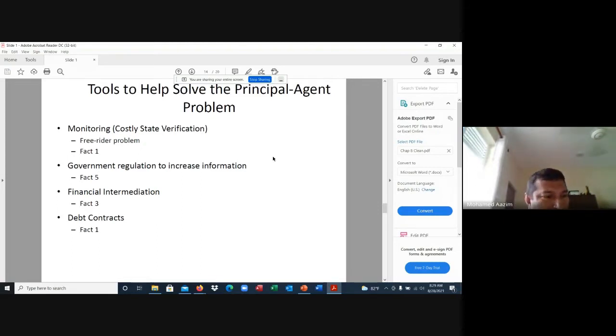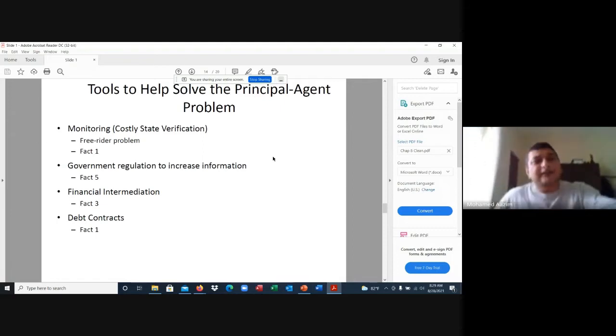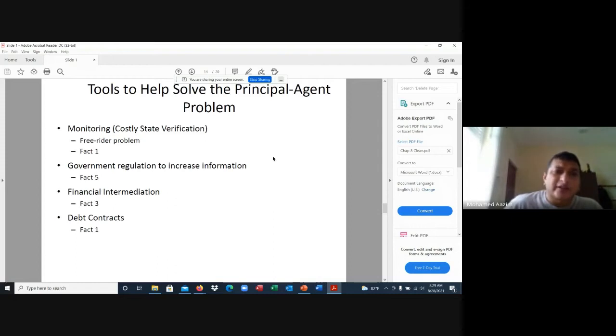Independent verifications through, let's say, law enforcement agencies, or for that matter, you yourself hire private security to make sure that agents are not misusing, if not overusing, their authority in running the enterprises. It's costly.